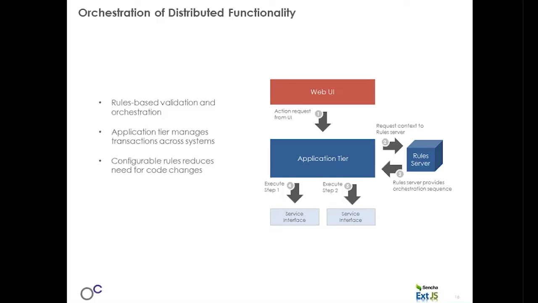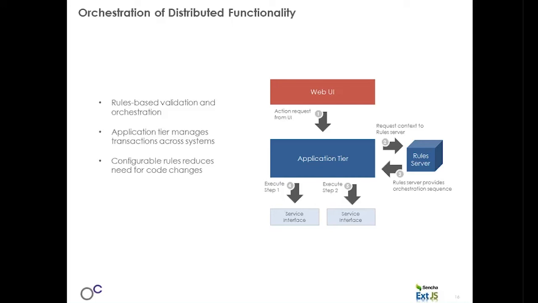If you notice here, a request for an action from the user is passed to the application tier, which in turn runs it through a rules server. The rules server basically determines what underlying actions are needed to complete the action the user wants, and in what sequence or orchestration priority.